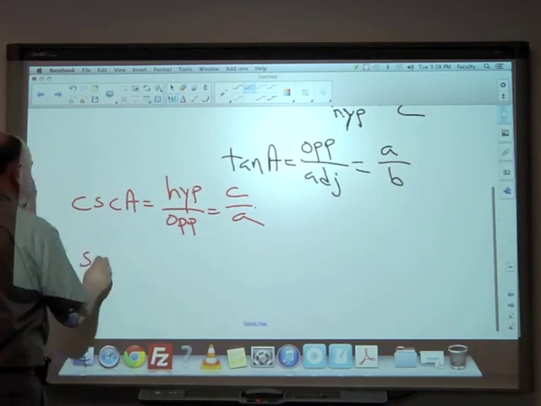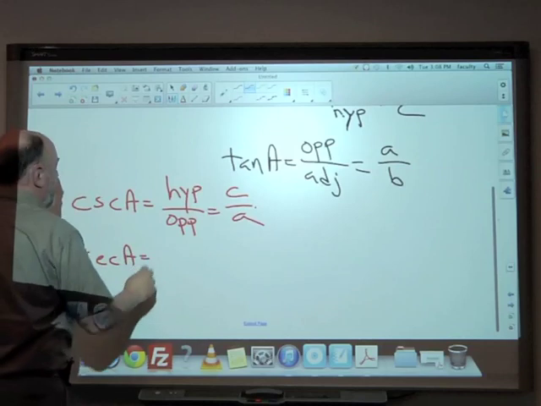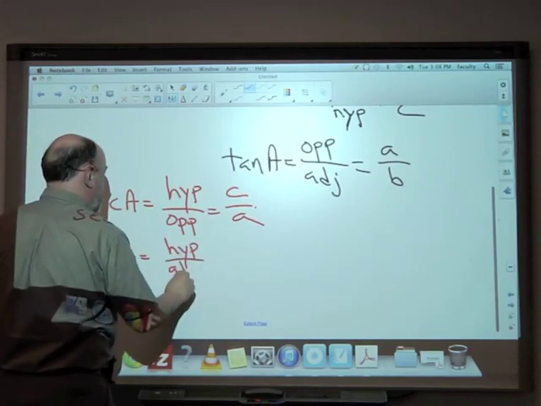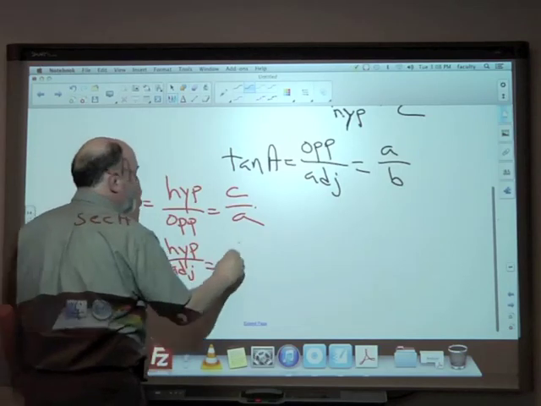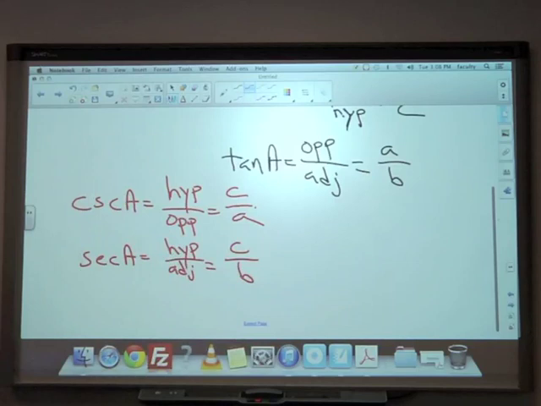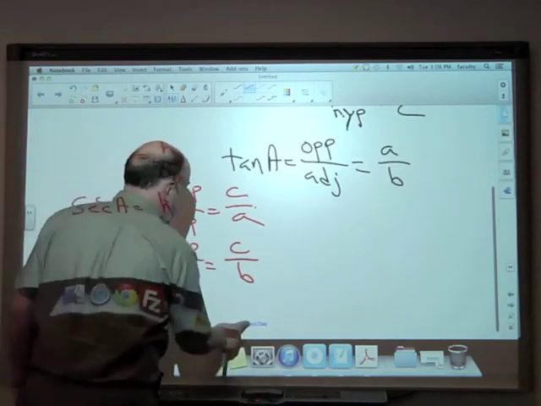You have secant, which is hypotenuse over adjacent, which is going to be C over B. And so cosine and secant are reciprocals of each other.